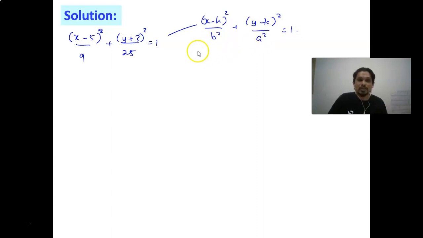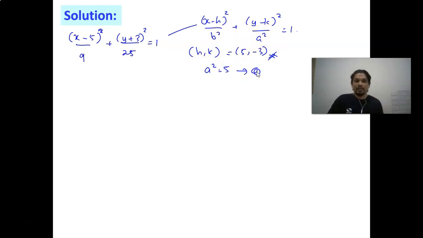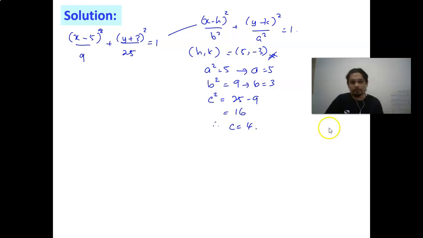So according to this, h, k is 5 and negative 3. a squared equal to 25, so that a equal to 5. b squared equal to 9, so that b equal to 3. Then c squared equal to 25 minus 9 equal to 16. Then c equal to 4.